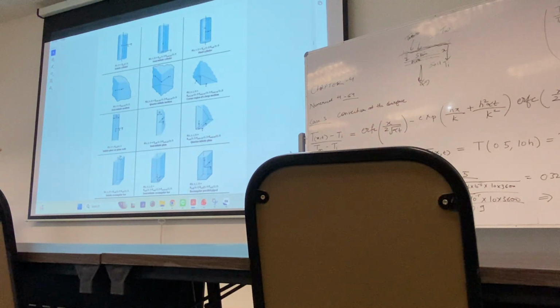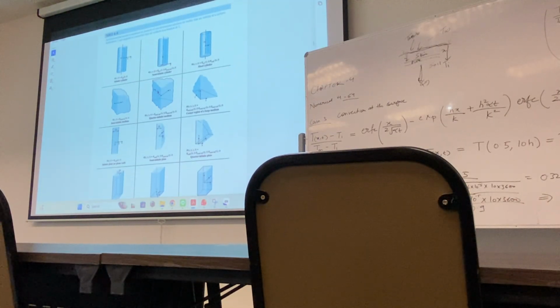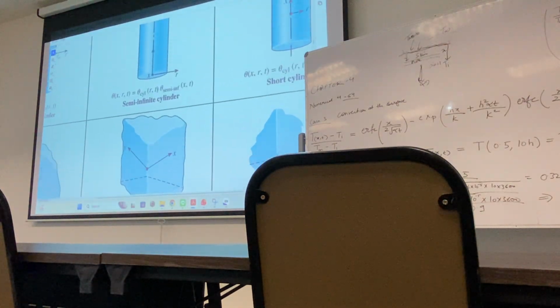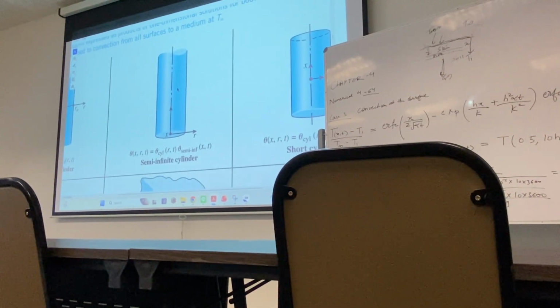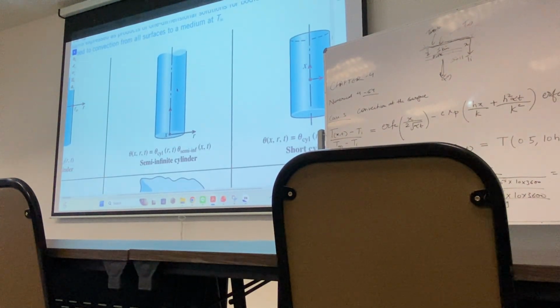So it's easy. R and T, right? Second is semi-infinite cylinder, right? You have to study the heat transfer in X direction and R direction.